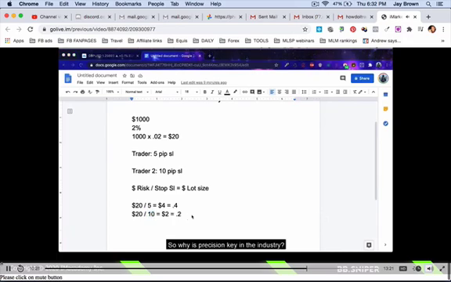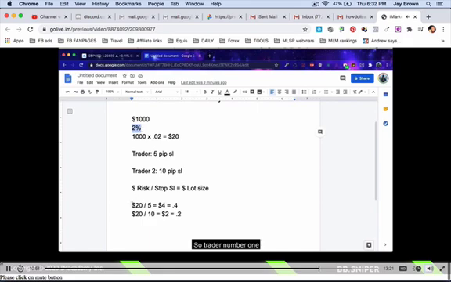So why is precision key in the industry? One thing I want you to realize, looking at these two traders: for every 5 pips that trader number 1 is accumulating, he's making $20, or what would be 2% of his account. For trader number 2, they have to accumulate 10 pips in their direction to make that $20, which is 2%.